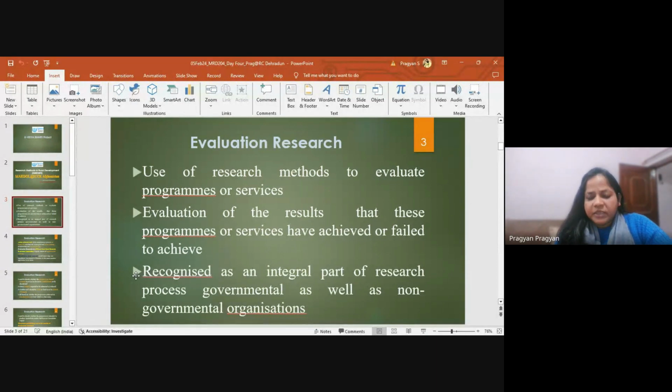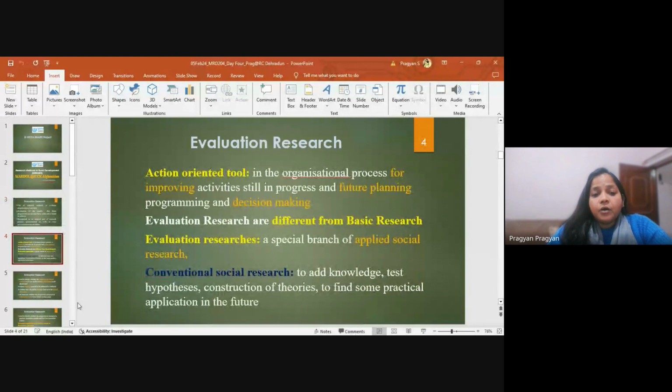evaluation research. That means one by one we have to understand how evaluation research not only can help us to improve our outcome, but can also help us to enhance the impact and the coverage of a development program or the supply of a service which is proposed and facilitated by a particular development agency.